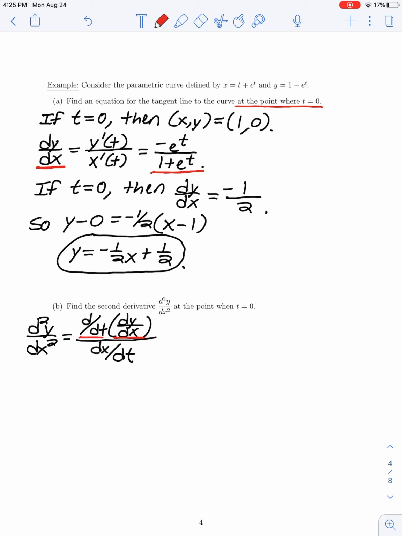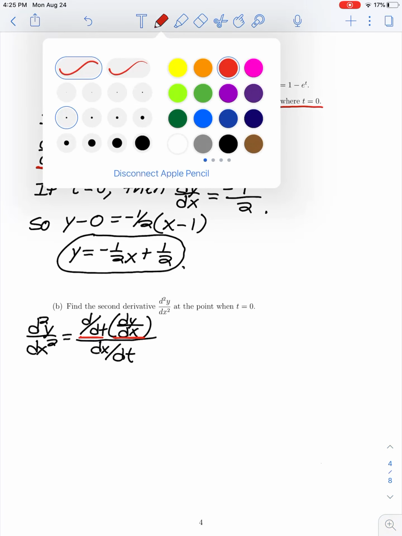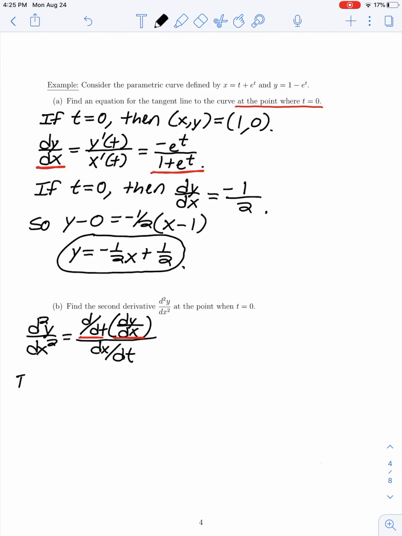So as with the last example, we see that we need the quotient rule here. So by the quotient rule, the derivative with respect to t of our first derivative, well, we start by taking the derivative of our numerator.